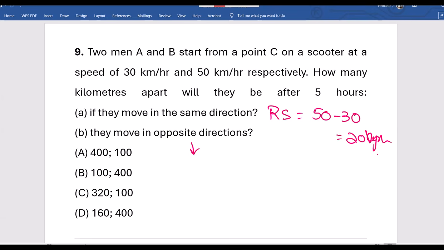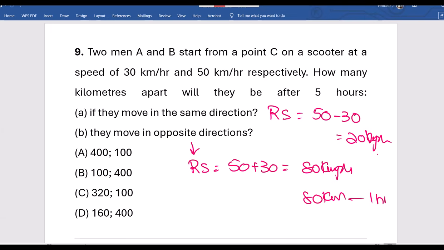Opposite direction, relative speed 80 km per hour. So you are going to travel 80 kilometers in 1 hour. They said 5 hours means 400. Here this is 20 kilometers in 1 hour. 5 hours means 100. Option B is the answer.